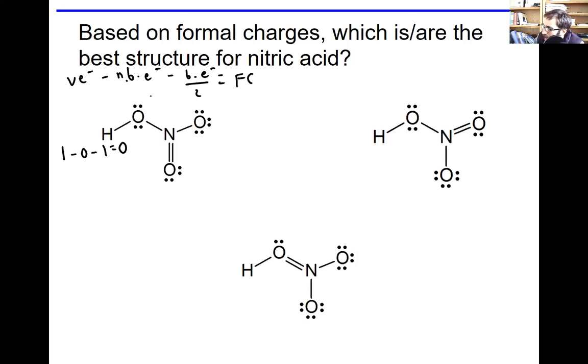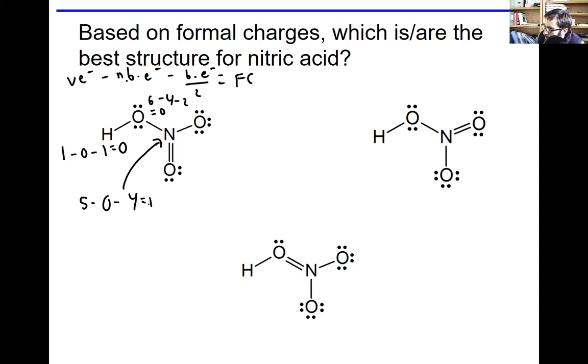Oxygen here. Oxygen has 6 valence electrons minus 4 non-bonding, right? There's 2 lone pairs, minus 2 bonds. It's 2. So that equals 0. Nitrogen. Let's draw an arrow here. Nitrogen's 5 valence electrons, 1, 2, 3, 4 bonds, 8 bonding electrons, 8 divided by 2, and no lone pairs, right?